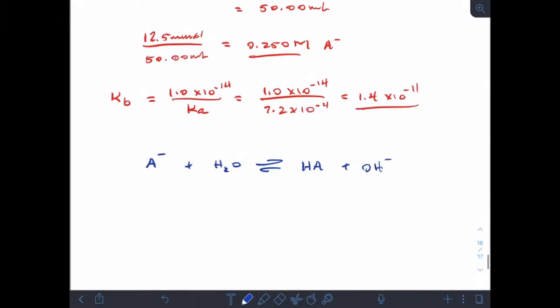All right, so we start with our 0.25 molar. And we say minus X, which we'll assume that is small, X and X.